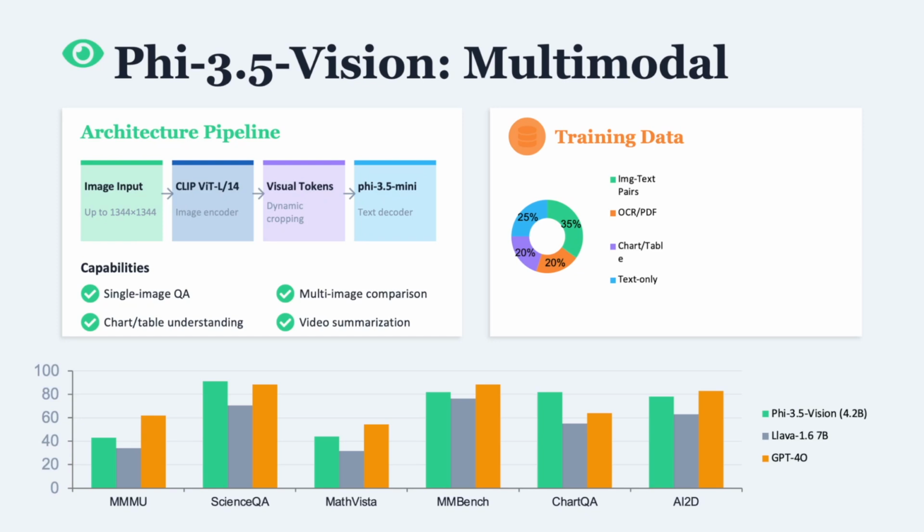It is then trained on a large mix of image text, OCR, chart, and table data. The results are impressive. It scores 91.3 on Science QA and 81.8 on Chart QA, beating GPT 4.0 on both while using only 4.2 billion parameters.